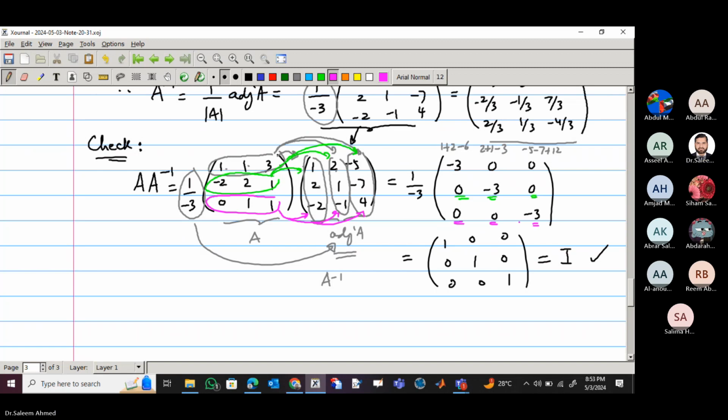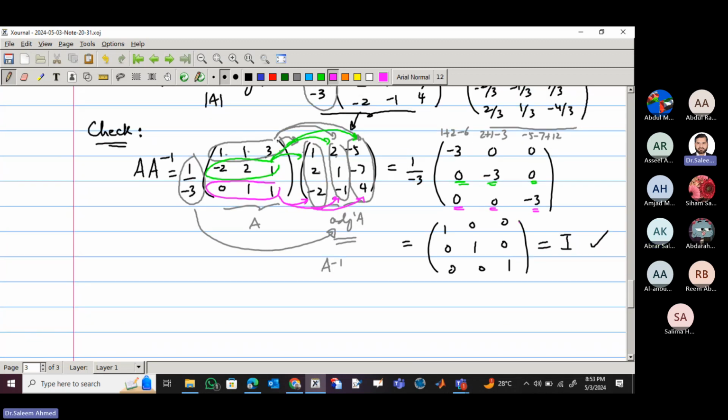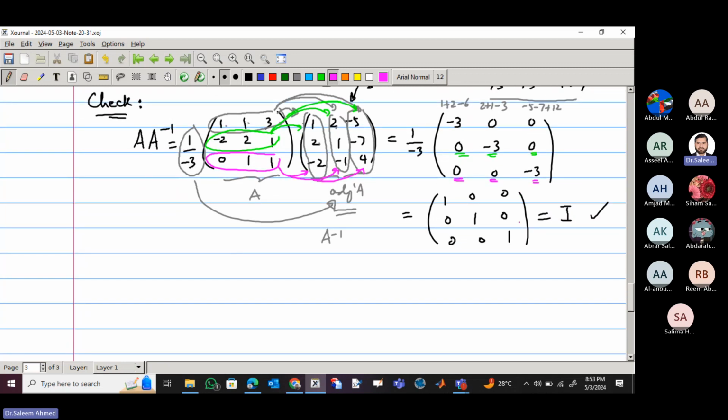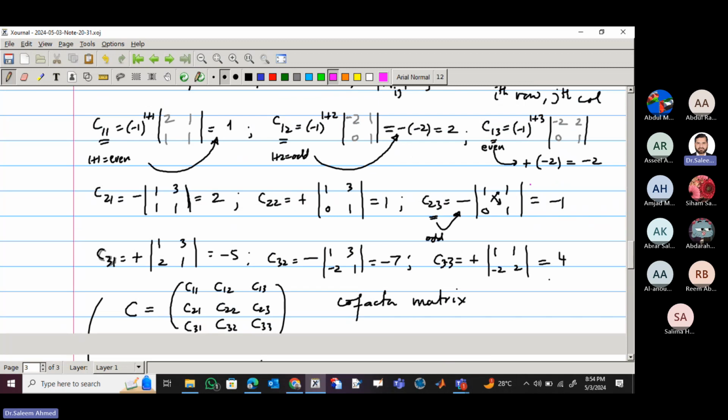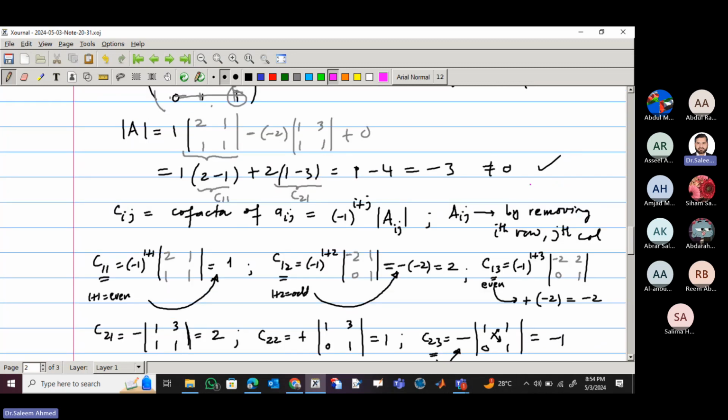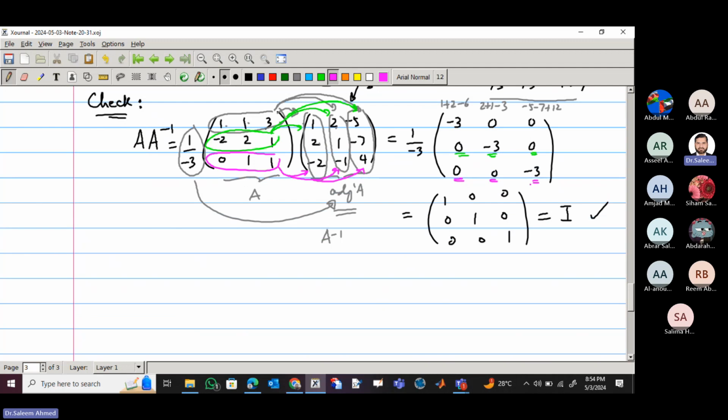So this is the multiplication that will exactly give you the identity matrix. And this is the check, because this is the definition of inverse. When you multiply A with A inverse, it gives you identity. If it does not give you identity, they are not inverses of each other. So if they do not give you identity, then go back. Maybe some cofactor is wrong. We may have calculated some cofactor wrongly if it does not give me the identity.